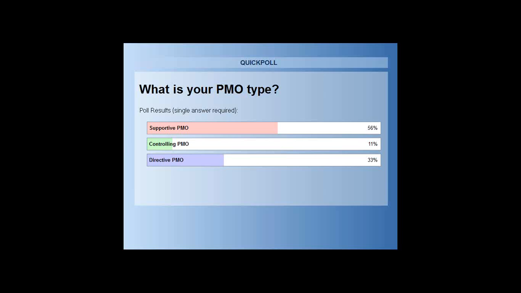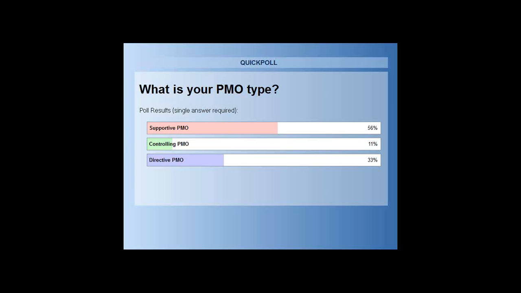We're not talking about US-based here, we're talking about types of PMOs around the world, in terms of percentages. The least common one is actually the supportive PMO. While through the poll we voted that the supportive PMO is the most common one, the survey actually says it's only 21%.